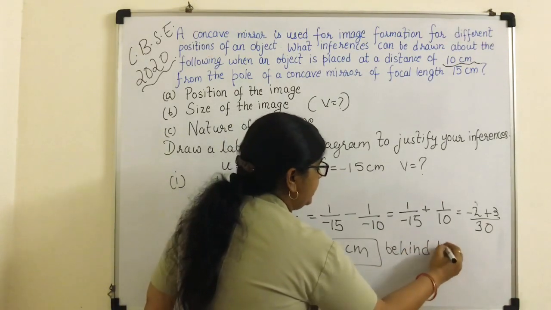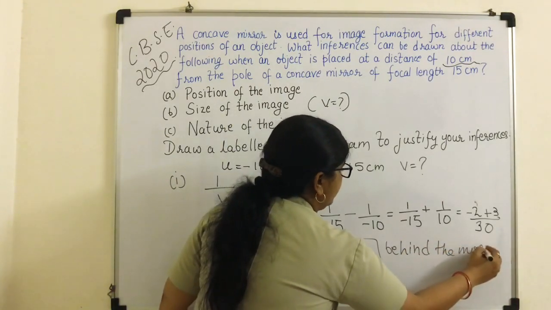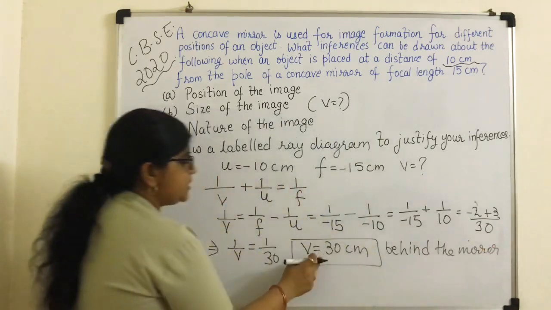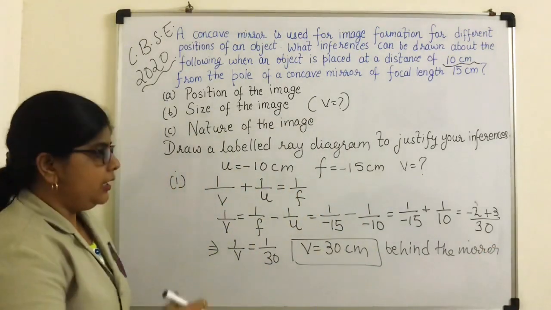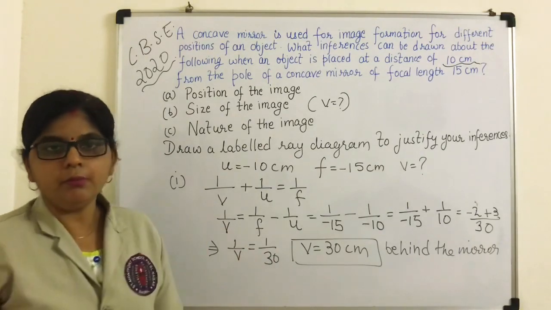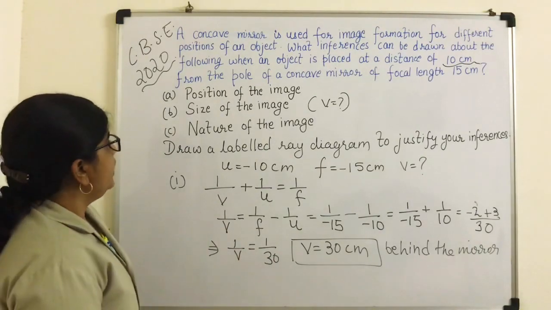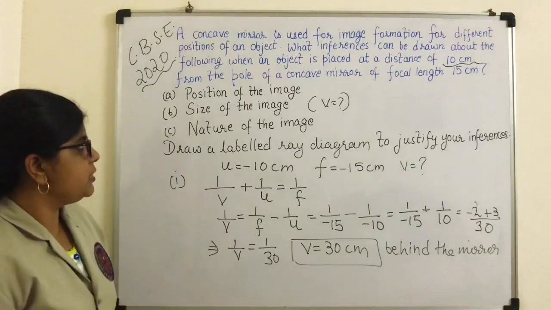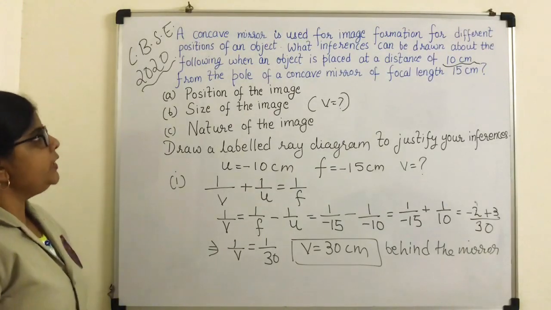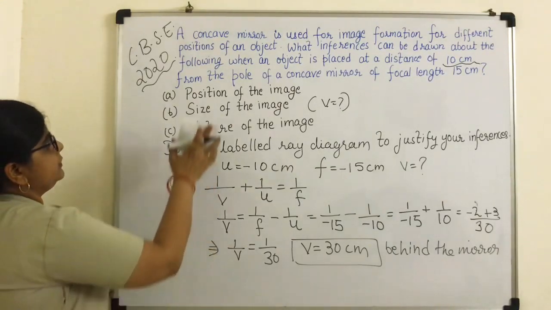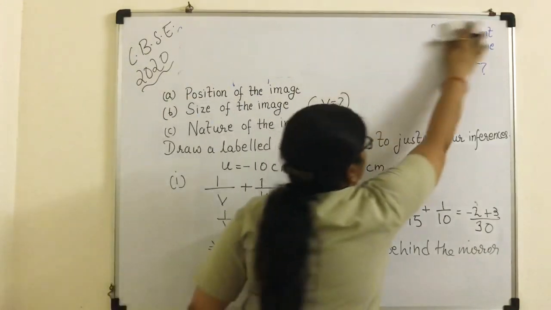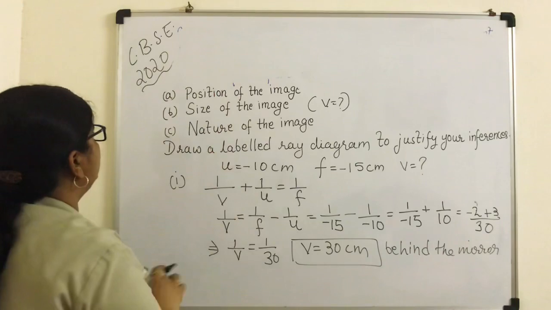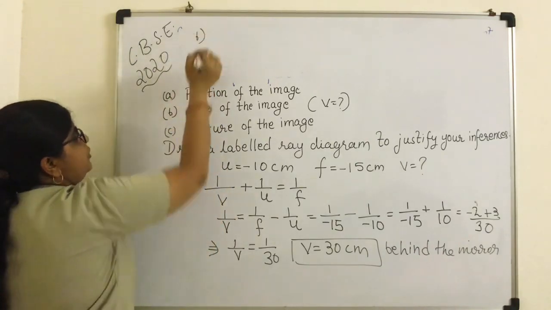How have I decided it is behind the mirror? Because I know from sign convention, if it is positive, it will be behind the mirror, right? Next is size of the image. Second part, size of the image.